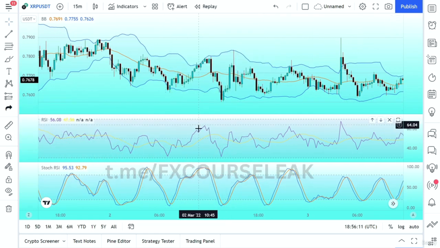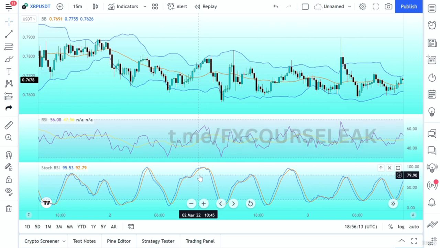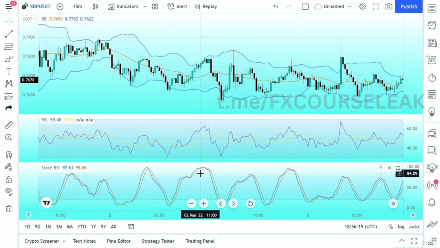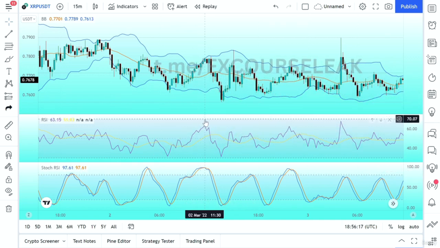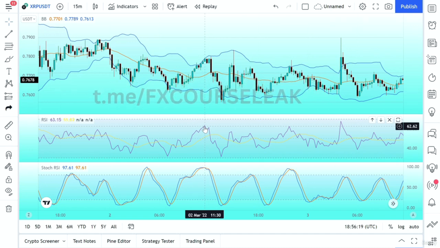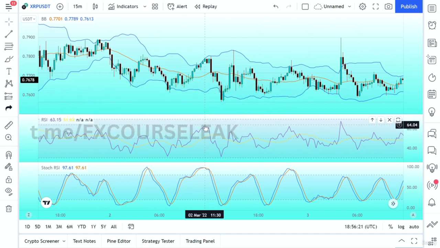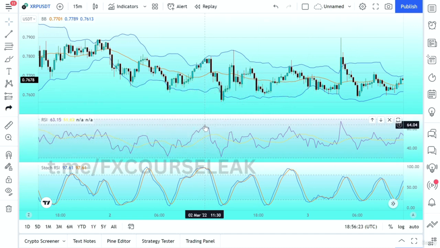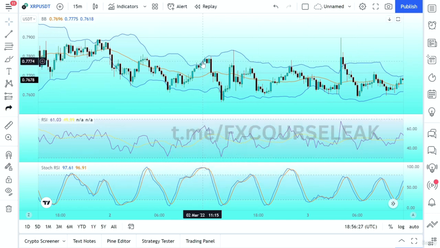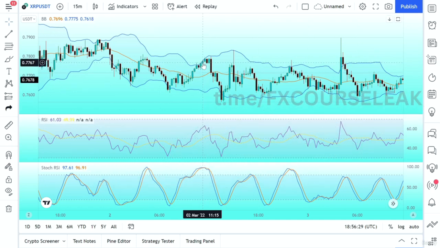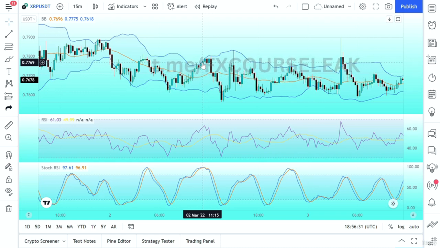For example, I will wait for the stochastic RSI to kiss the overbought region. At the same time, the simple RSI should be above the 65 to 70 area, and the candle should kiss the top line of this Bollinger Band indicator.